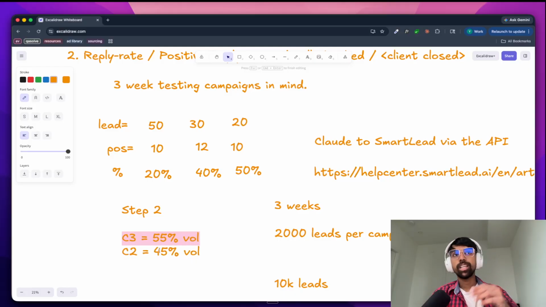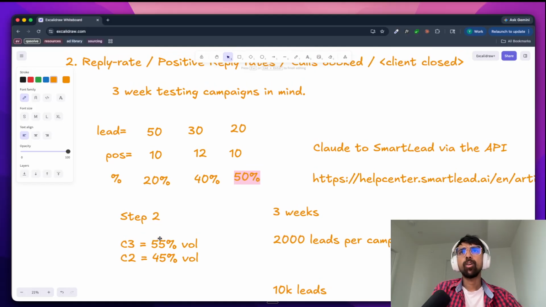Sometimes your data can be contradicted because you've closed more clients from the campaign with the 40% positive reply rate than from the one with the 50% positive reply rate. So although the metrics show differently, I should probably maintain the same volume or more volume on the other campaign, right? So this is pretty simple. I hope this is clear.